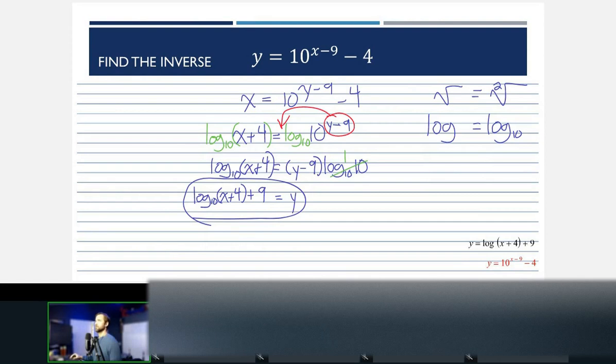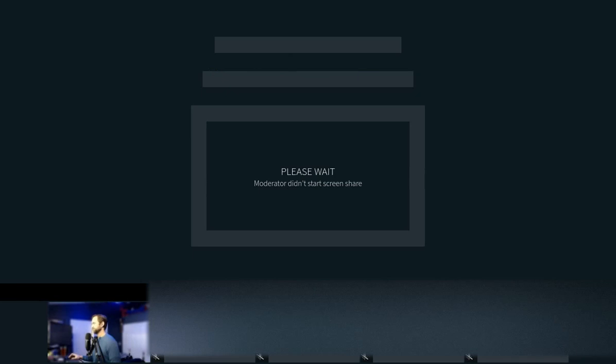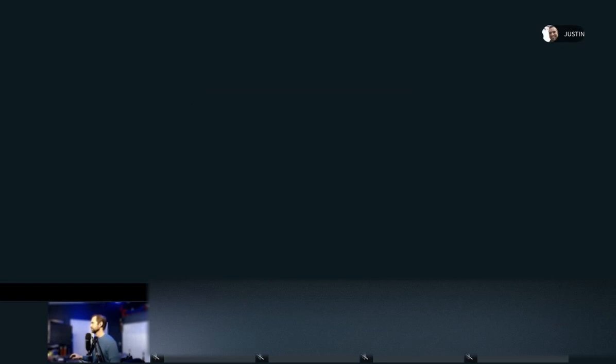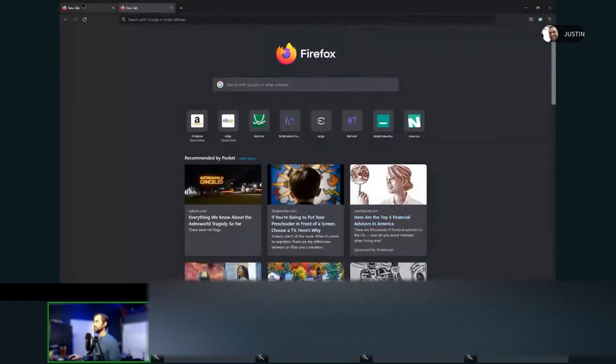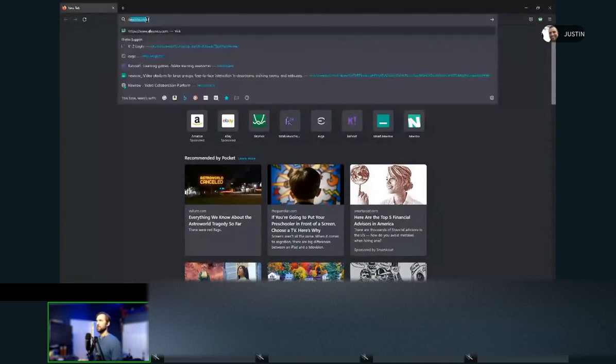All right, everyone should see my Firefox. I'm going to go to Desmos.